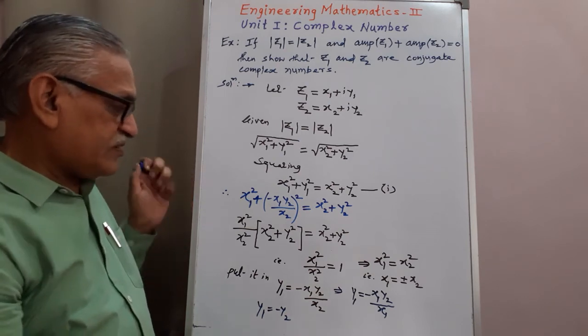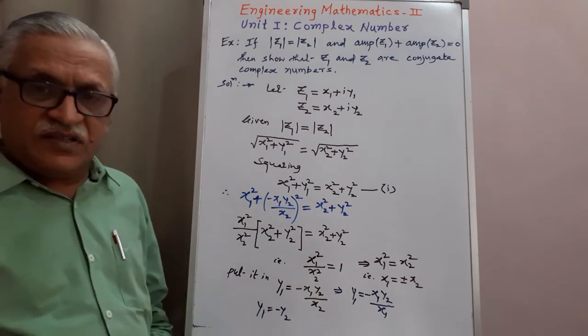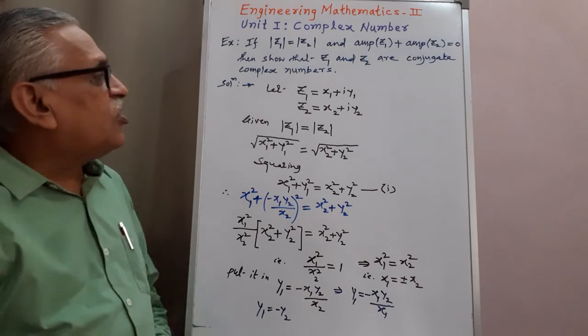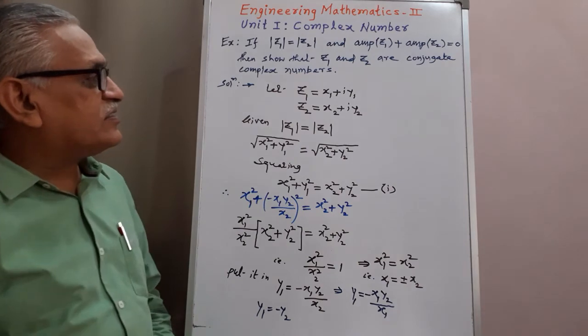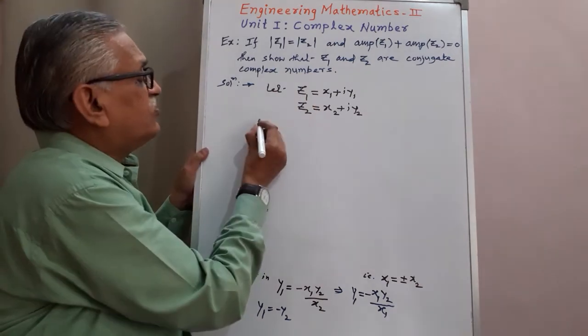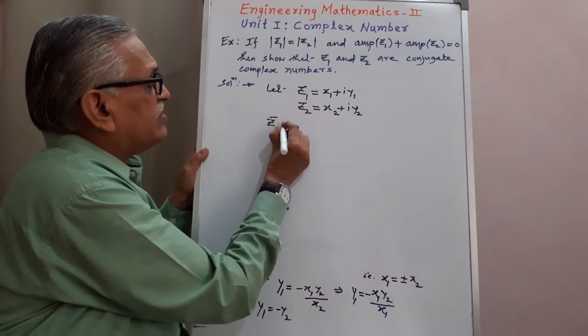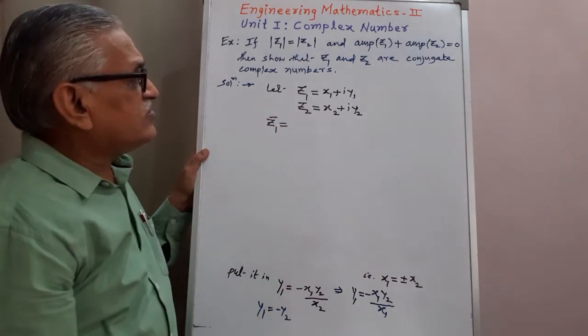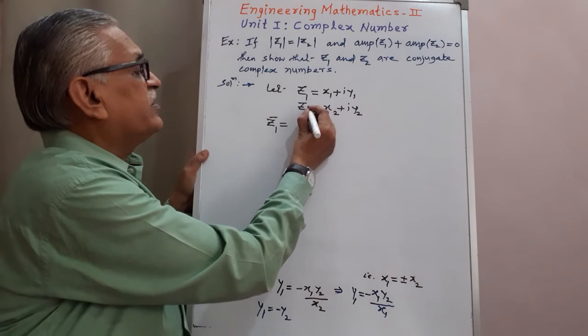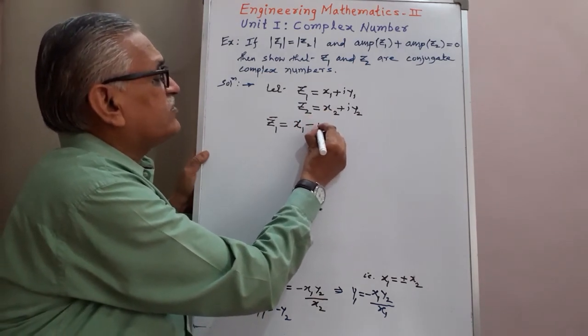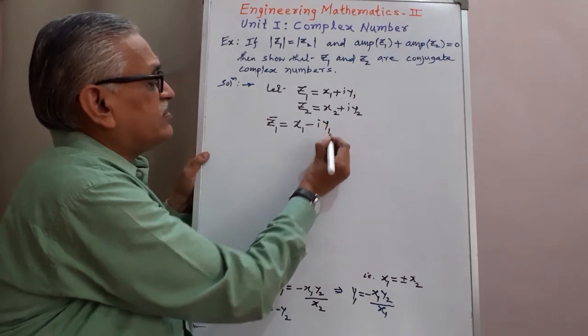Then how can we use these two results to obtain the required result? Conjugate of Z1 is Z1 bar. It is x1 minus i y1.